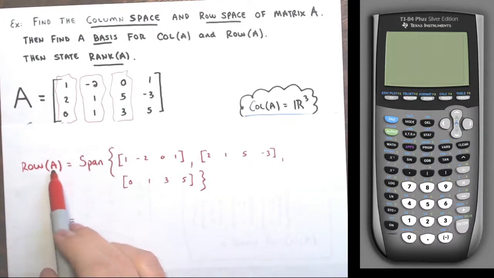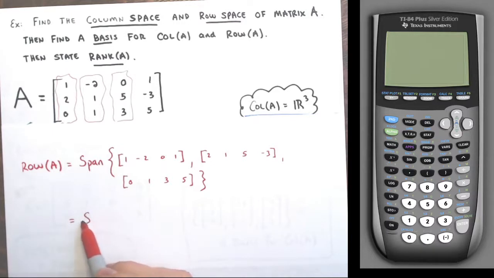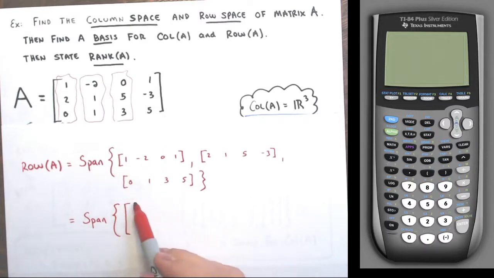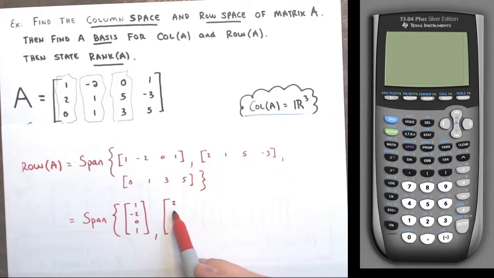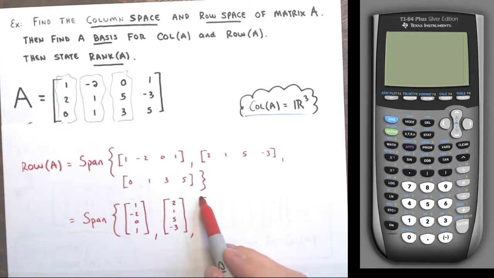So I could also say the row space of A is the span of these 3 vectors: one with components 1, -2, 0, 1, and then the next one with the same components in the same order going down, 2, 1, 5, -3, and a third one with the same components in the same order going down, 0, 1, 3, 5.